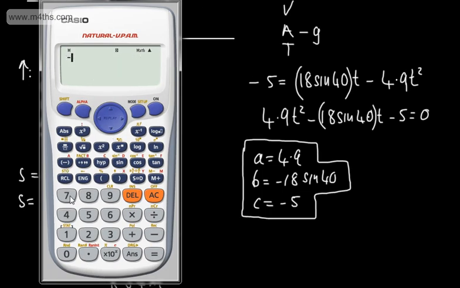So if I do negative, and check it in degrees mode, 18 sine of 40 degrees, that's going to give me this value here. Just going to store that in the calculator as A. So using the quadratic equation, we need negative B, plus or minus the square root of B squared minus 4 lots of A times C, so 4.9 times by negative 5, and that's all over 2 lots of A, which is 2 times 4.9, which is 9.8.